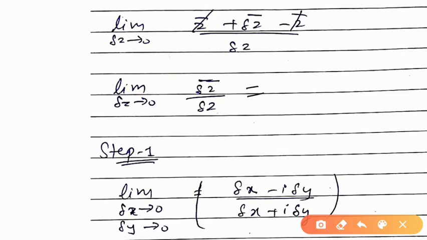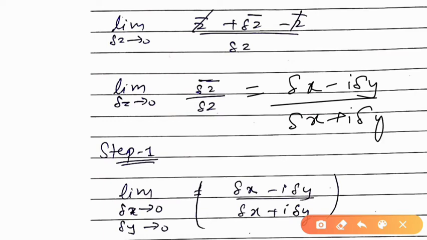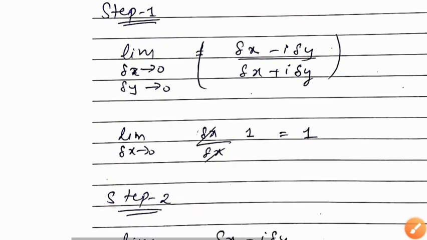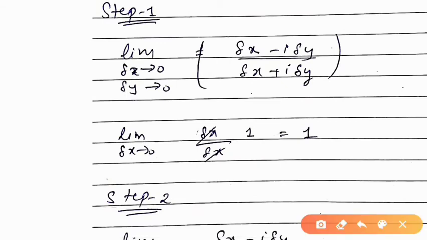Now again, delta z bar can be written as delta x minus i delta y, and delta z can be written as delta x plus i delta y, right? So now again we will take the limit of x and y. See, for a function to be differentiable, your limit must exist.